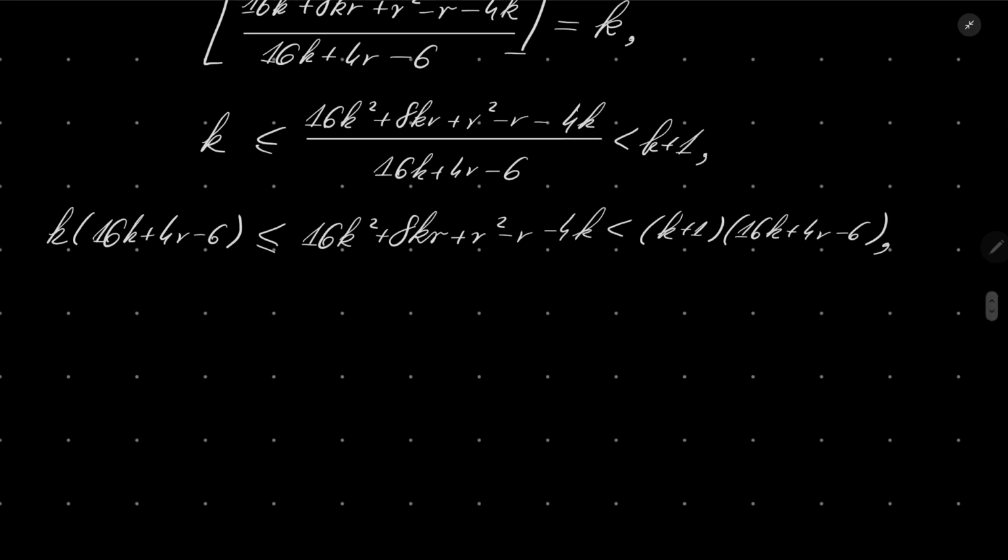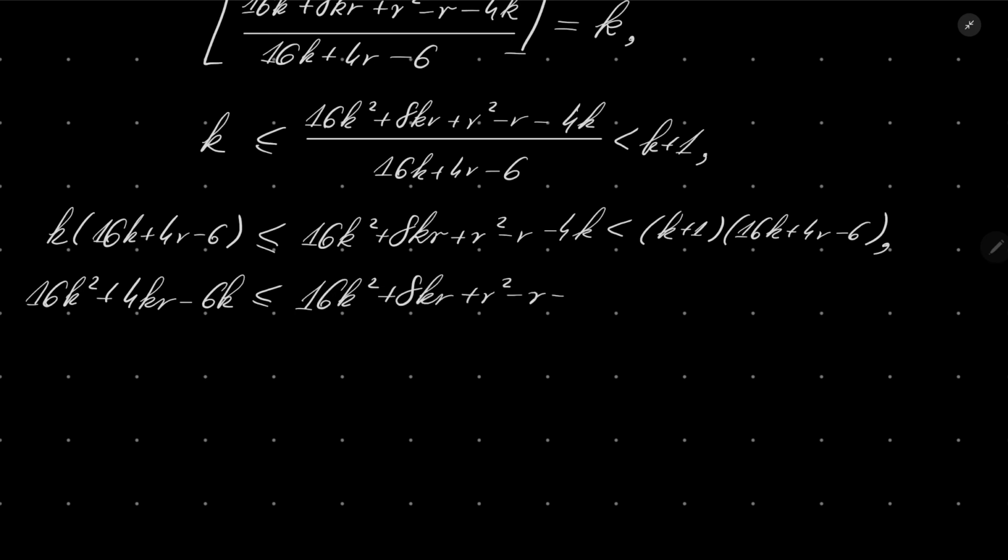And now, dirty work, we have to multiply everything. 16k squared plus 4kr minus 6k is less than or equal to 16k squared plus 8kr plus r squared minus r minus 4k, which is less than 16k squared plus 4kr minus 6k plus 16k plus 4r minus 6.